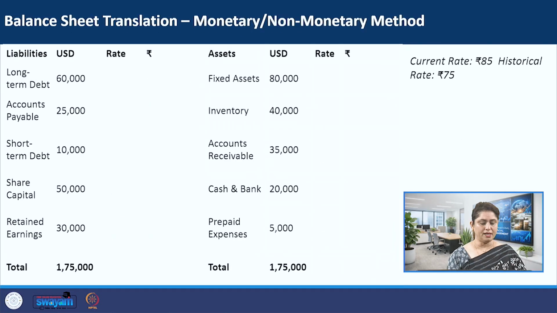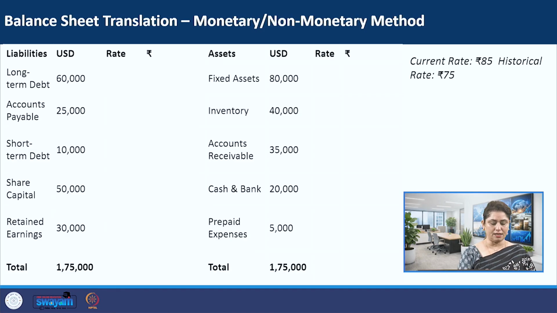Now, similarly, we are going to convert the balance sheet on the basis of the monetary and non-monetary method. We have been given the liability side and the asset side. We will see which item is monetary and which item is non-monetary. Monetary items are those items in which there is some payment or receipt of money in the near future or immediately.